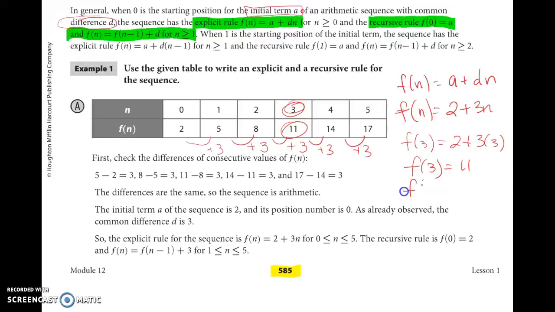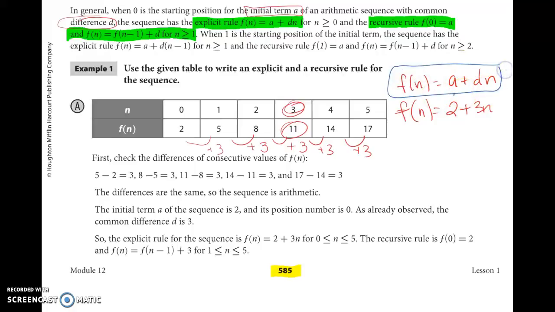If I wanted to find my 8th term, I would plug in 8, which is something we will eventually do. Right now we're just going over how to write the rule. So make sure you memorize this formula here and that you know a represents the first term and d represents the common difference.